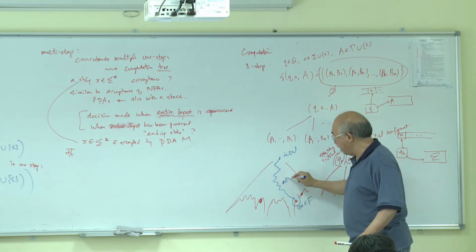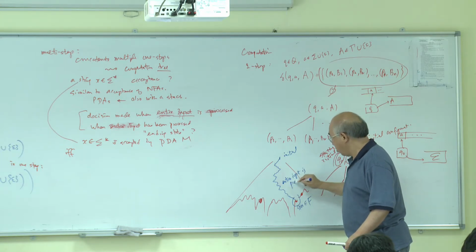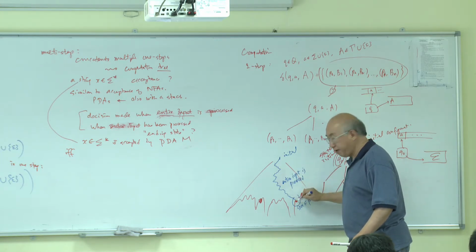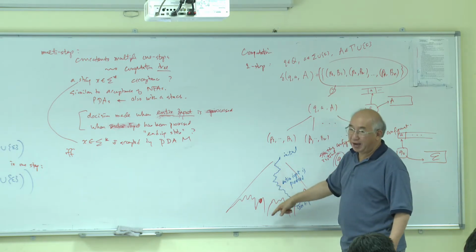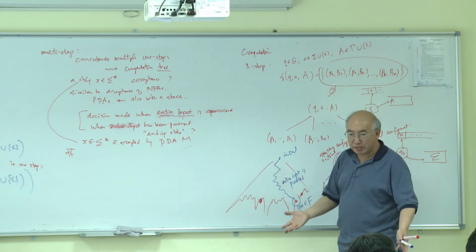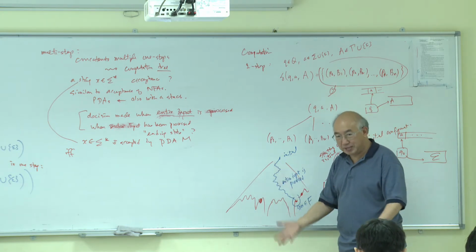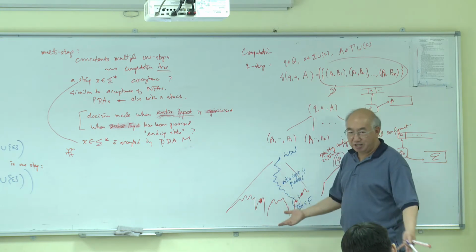When we get to the bottom of it, some branches we may still be circling around. We are only partially through the input because we may use epsilon transition, epsilon transition, epsilon transition, so we don't really advance the read head.